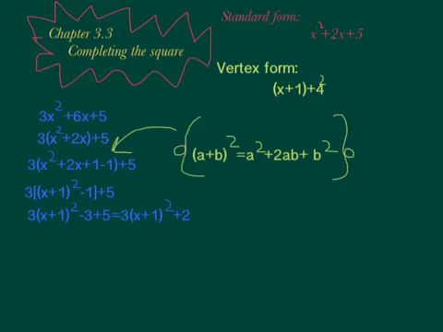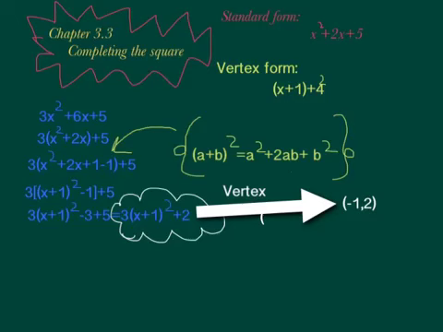Okay, so I've opened up my square brackets, not my rounded parentheses, and I've got 3 times negative 1, negative 3. This plus 5 stays there. It's been on the end the whole time. Nothing's changed about it. Okay, and then minus 3 plus 5 is plus 2. So there we have our lovely vertex form.